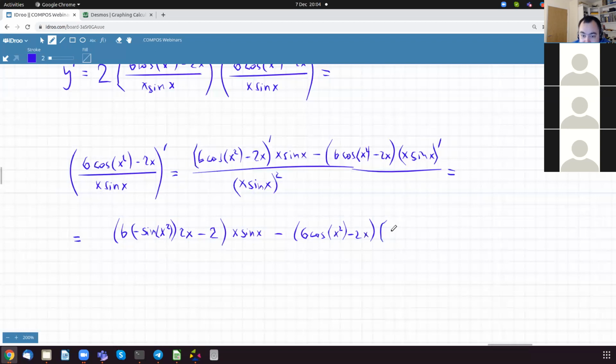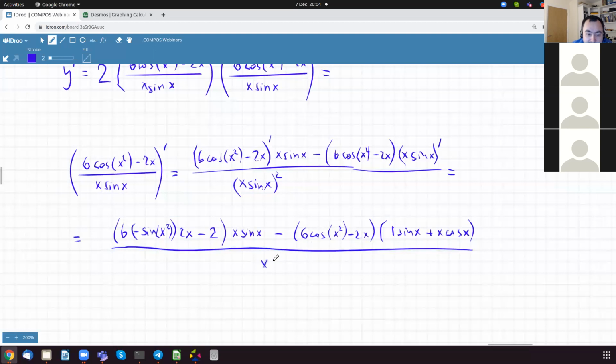So it's going to be 1 sine x plus x cos x, all over x sine x squared.